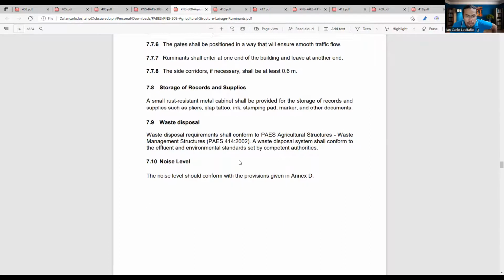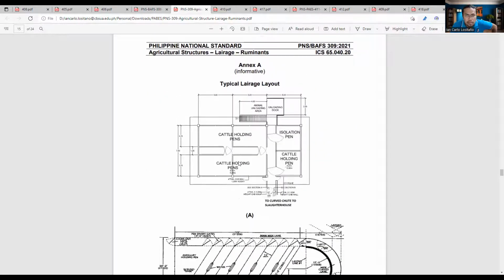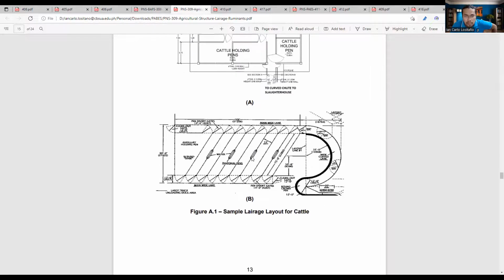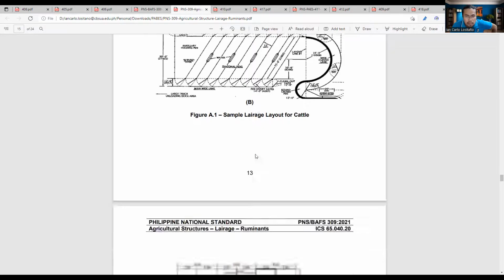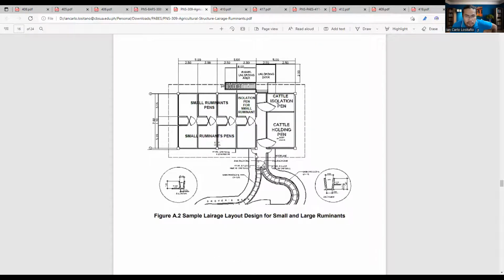And again, records and supplies should also be provided with a location. Here is a layout sample plan for the cattle, and then there's one for small ruminants as well.